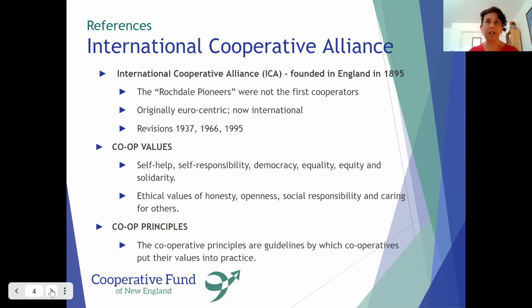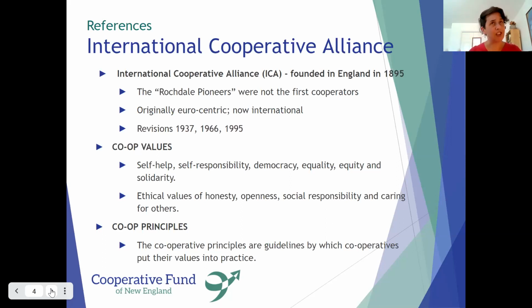This is a group that was founded in England in the late 1800s and originally was pretty Eurocentric in scope. So I just want to acknowledge the limitations of that framing and the extent to which it's been potentially exclusionary, whether on purpose or not. In recent years, it has become much more international, as the name implies. There really are people participating from all over the world in all different forms of cooperatives, from small worker cooperatives to huge producer co-ops.